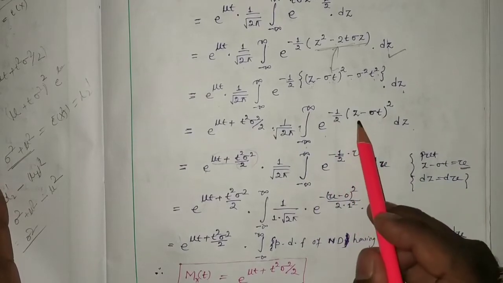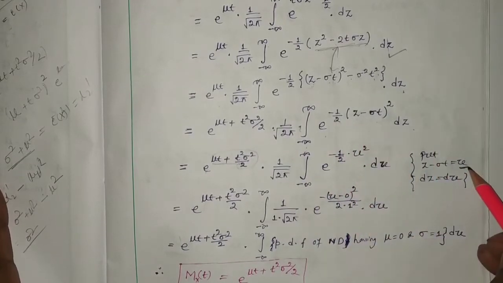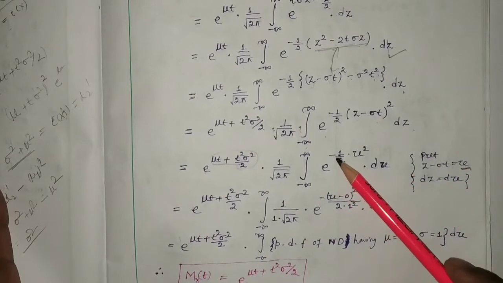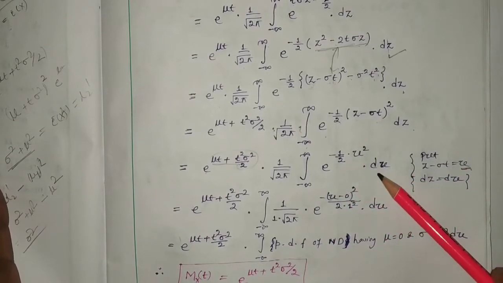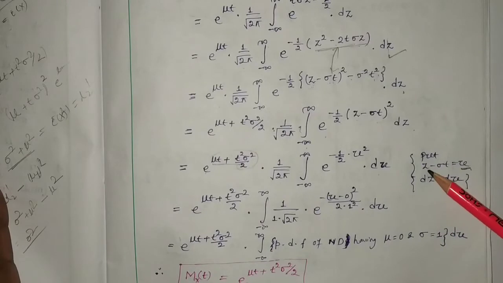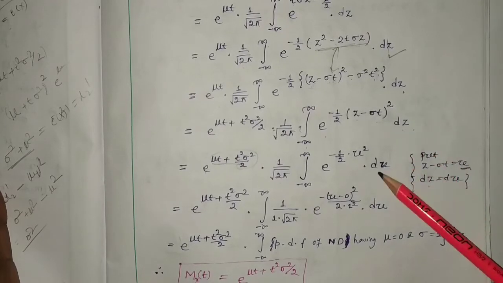If we consider z minus sigma t as u, then this will be e to the power minus 1 by 2 u square du, and z minus sigma t equal to u means dz equal to du. So instead of dz we can write du.